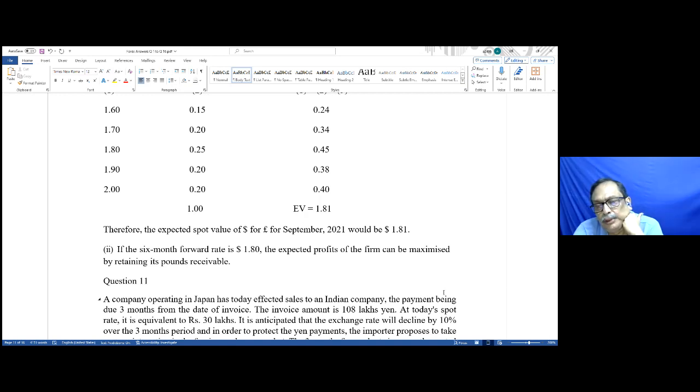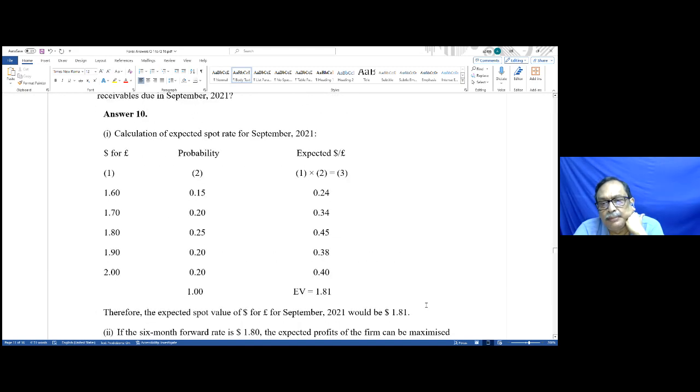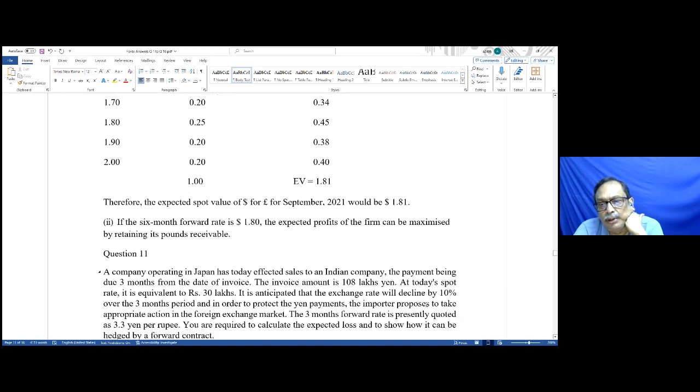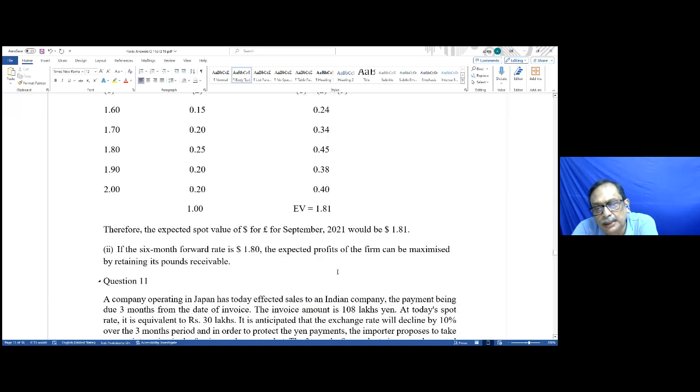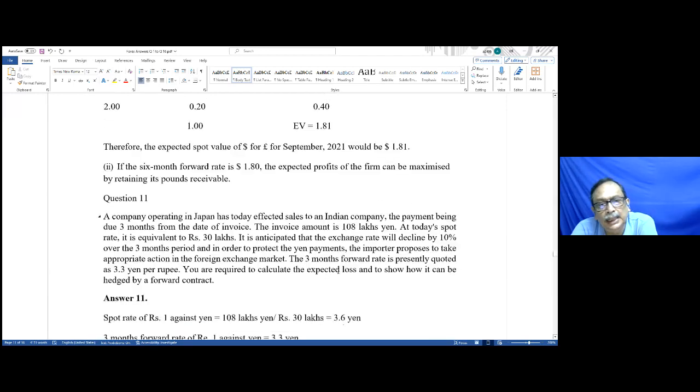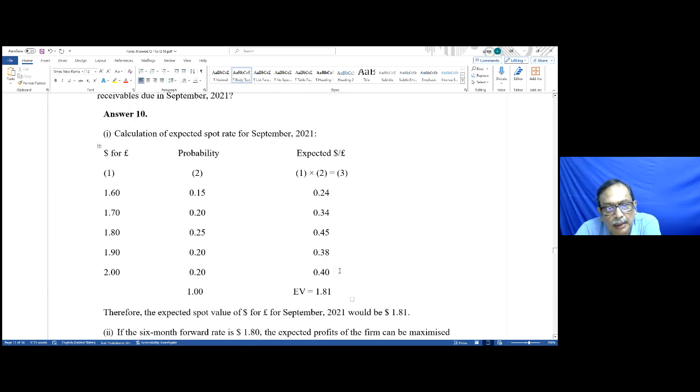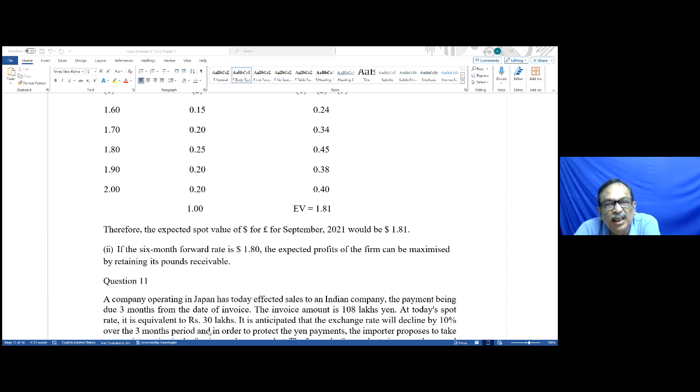Definitely, we are not going to consider this $1.80 because the expected value that we have got is $1.81. So if the 6-month forward is $1.80, the expected profits of the firm can be maximized by retaining its pound receivables. Hope you have understood the question.